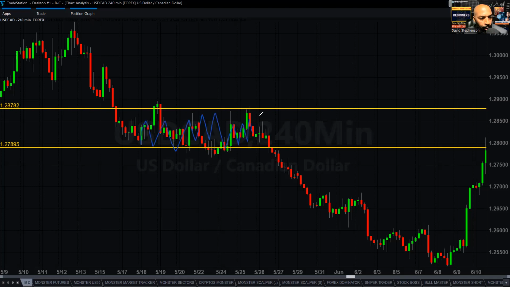Here's your wild bull that's trapped. Could we say we could have gotten out if we were in the trade here? This would be an opportunity to get out safely on a break of support right here. That would be safe to get out, right?